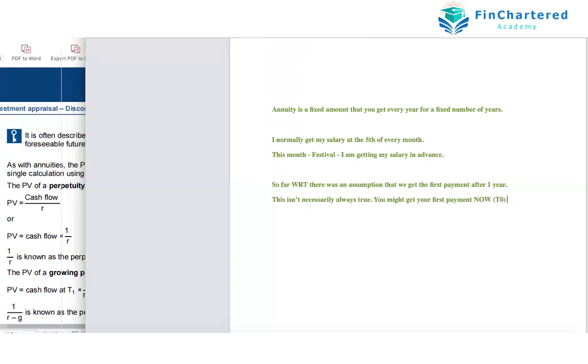If this happens, your annuity is in advance. Your annuity is received earlier. This is an advanced annuity.